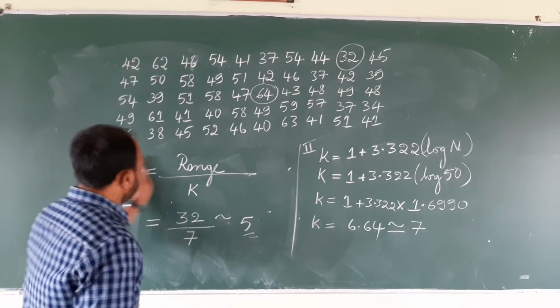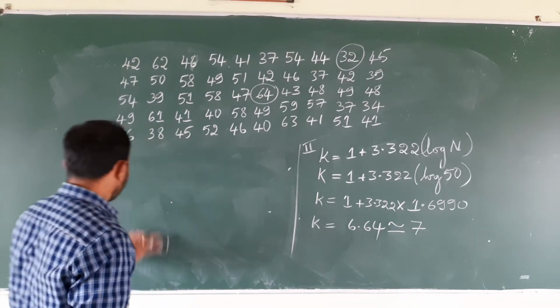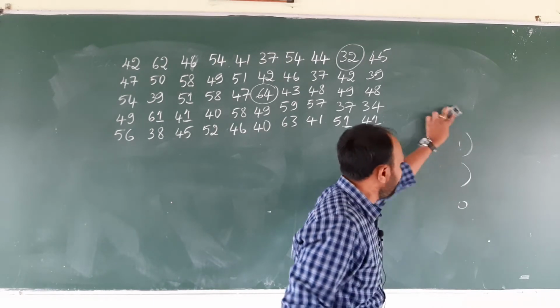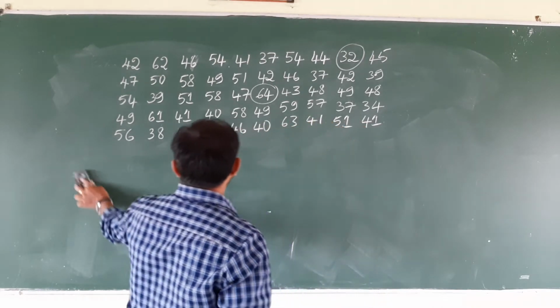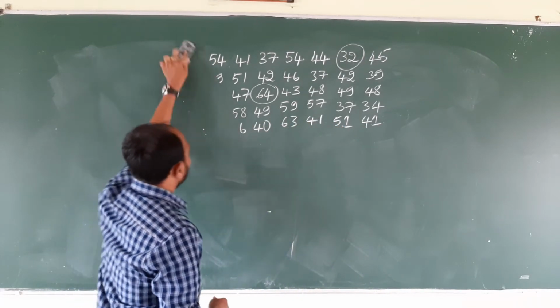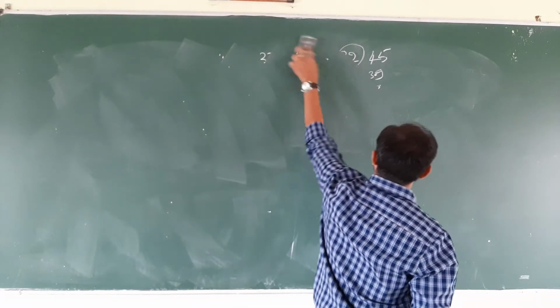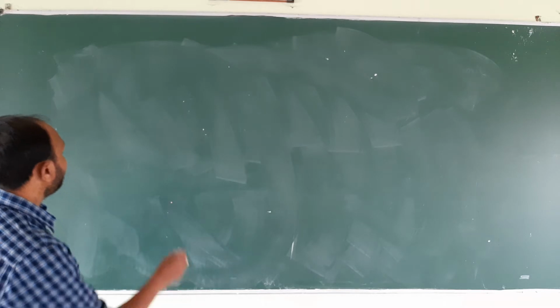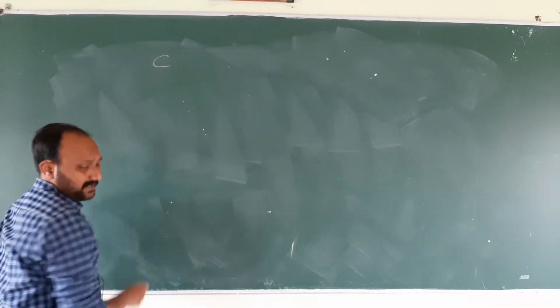Okay. Now, let us consider a continuous frequency distribution table. For the time being, I am taking all this data off. First, the class interval.